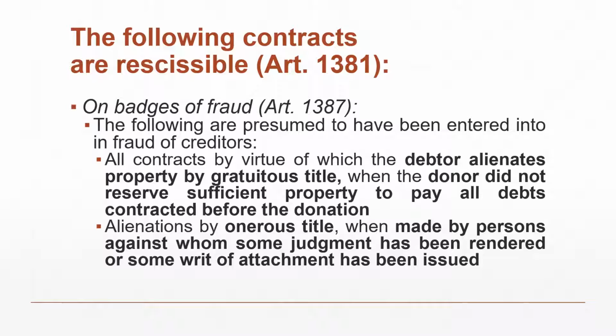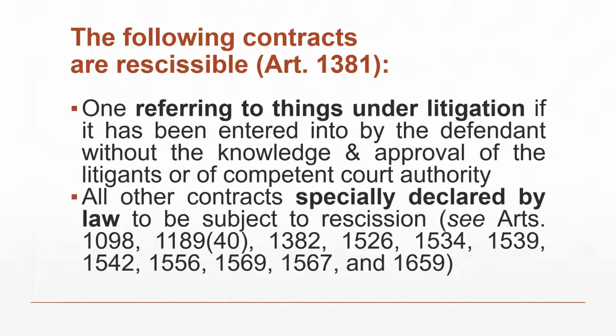That is in contravention of the final judgment of the court, which demands compliance already with the obligation. Those sales, aggressive sales made just to set aside the properties, putting them beyond the reach of the creditor, that contract or those contracts are rescissible.